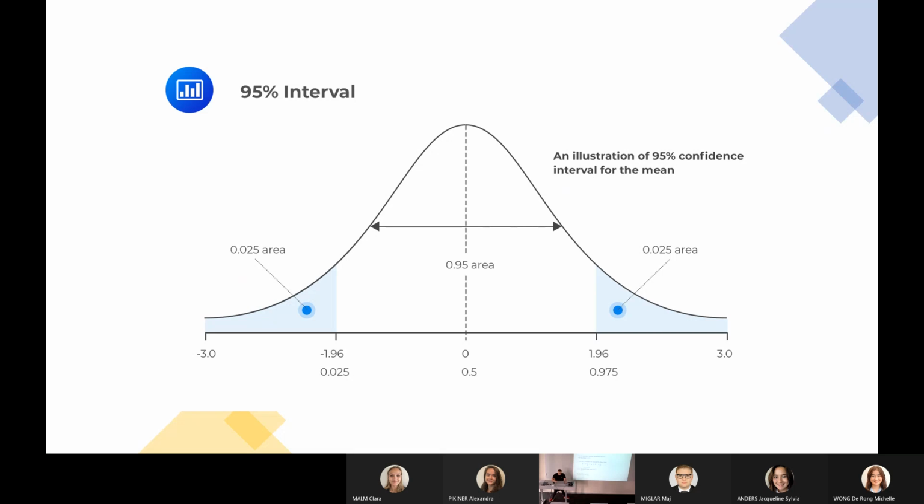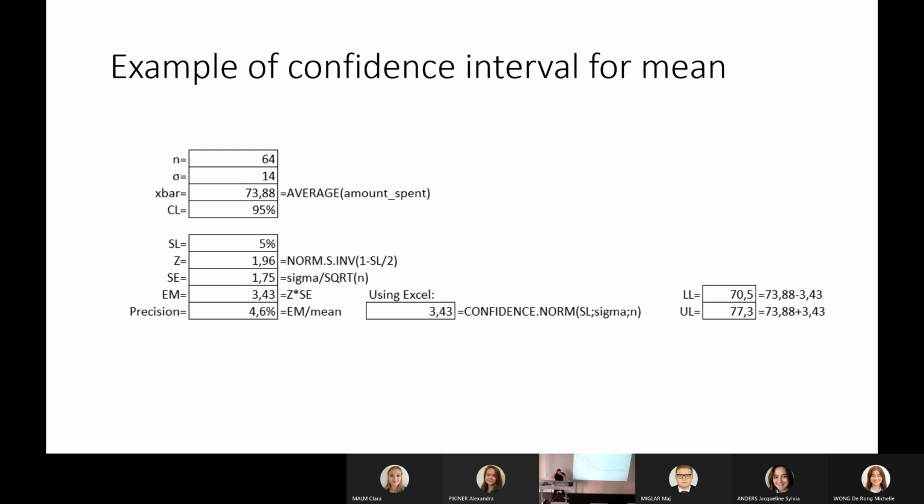For mean, it will always be error margin divided by mean because we have a mean, and for proportions we do not have a mean. Do you see it? Yeah. That's why it's the difference. Okay. Thank you. You're very welcome.